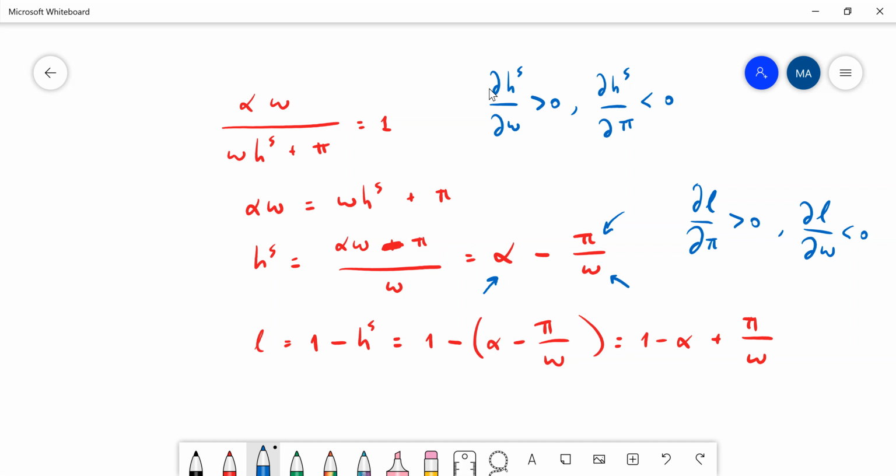Okay, so now we're gonna look at the firm problem. Oh, by the way, of course, we're gonna have consumption level as well, right? Remember, consumption depends on this, right? So C is given as WHS plus pi divided by P, okay?